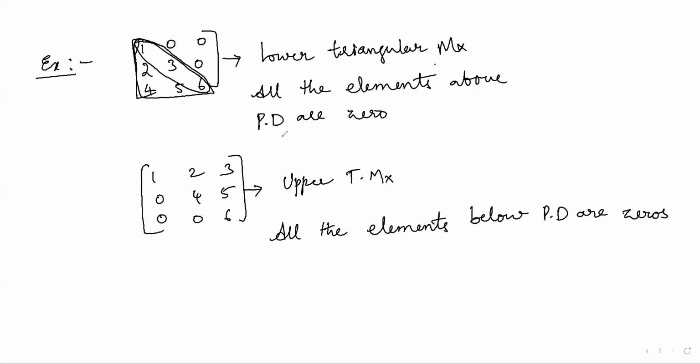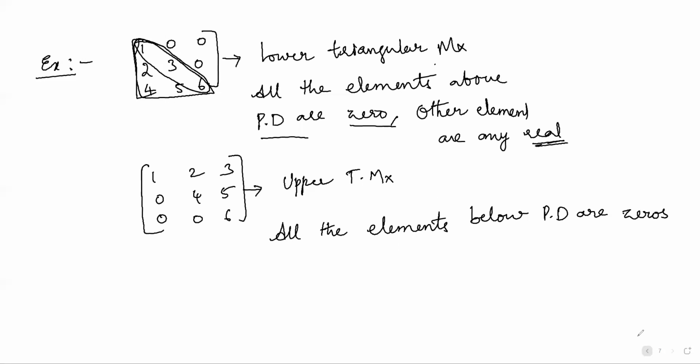See, the important thing is, for the lower triangular matrix we said all the elements above the principal diagonal are zeros. Then what about the principal diagonal and other elements? We only talked about the elements above the principal diagonal being zeros. So the other elements can be any real numbers, even zeros also.